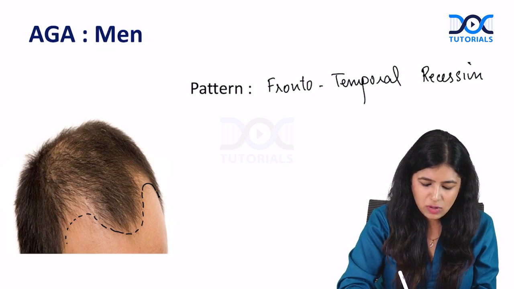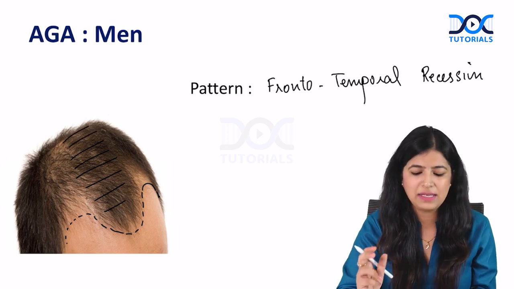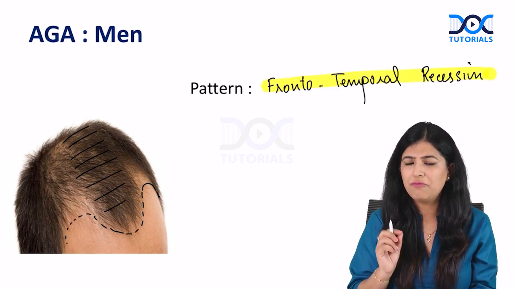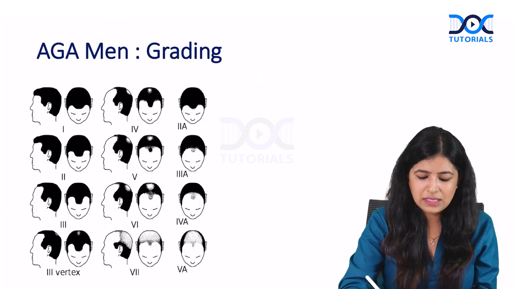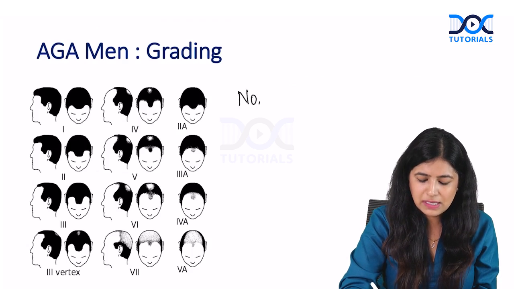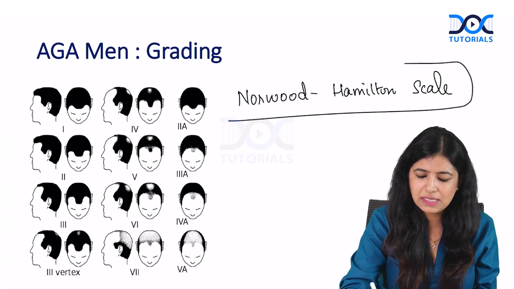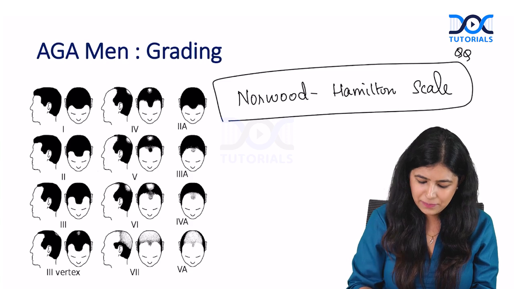Ultimately, the hair loss will progress on the vertex and the top of the head, leading to the typical patterns that you see in AGA. Importantly, remember, where does it start? It starts from the frontotemporal area. And then it progresses. The grading of the progress is assessed by a scale which is called as the Norwood-Hamilton scaling. So the scaling process that we use here is the Norwood-Hamilton scaling.